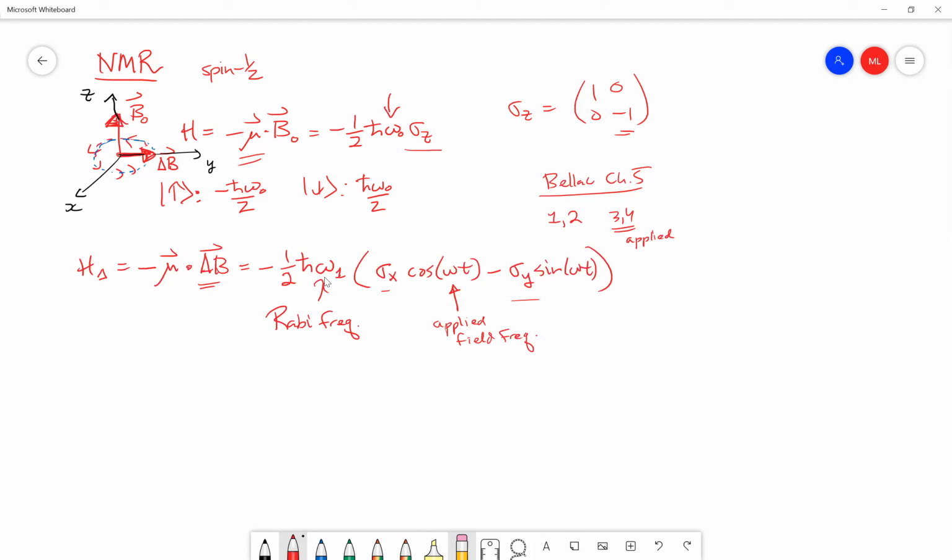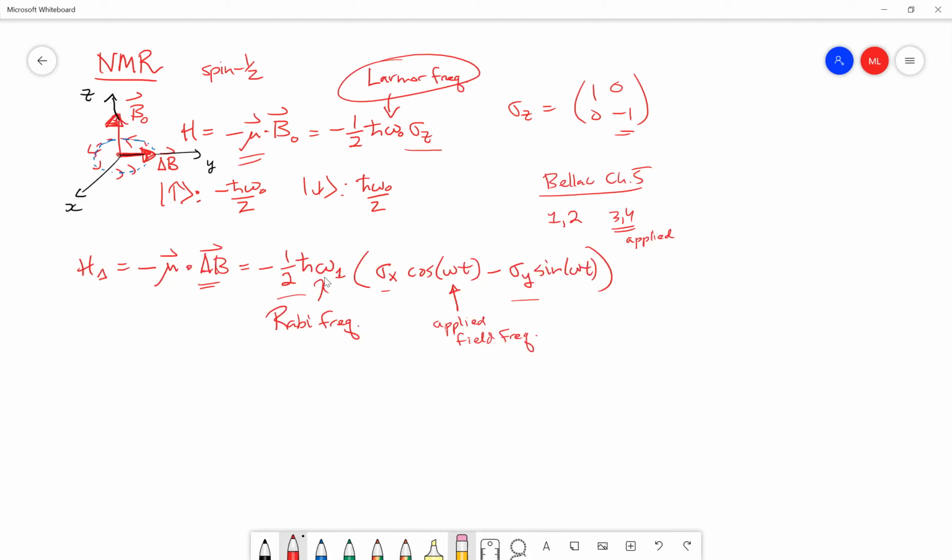And this guy is called the Larmor frequency. And we already know about that. That's the fundamental frequency associated with precession of the spin in the applied field in the z direction, right? If you just have a uniform field applied in the z direction, it's the frequency of the spin precession. We already looked at that problem last semester.